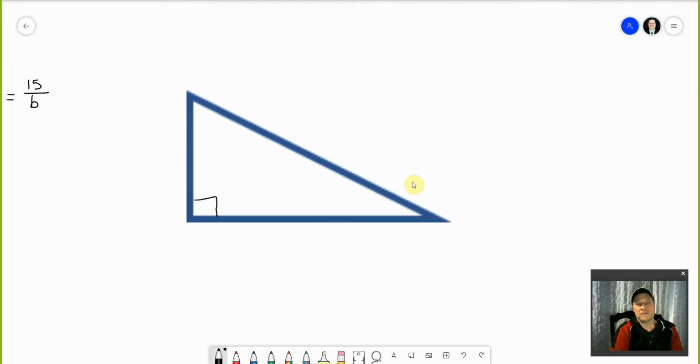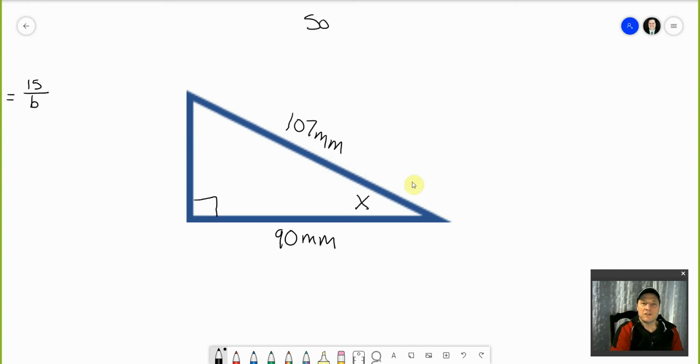We know that this is, let's say, 107 millimeters long, and this is let's say 90 millimeters long, and I want to know this angle.